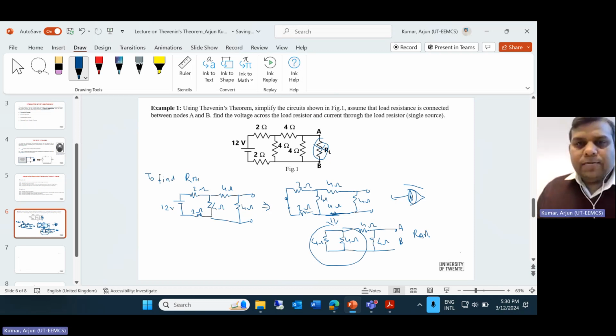Then you can write, so it's parallel, 4 into 4 upon 8. So you can write this 4 and 4 become, to simplify this circuit here again. So it will be your one resistance. This is 4. This is 4.